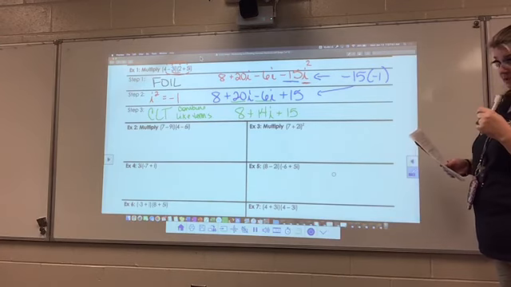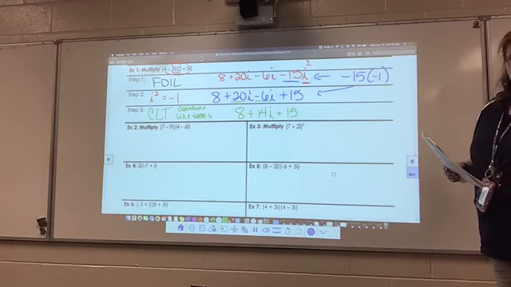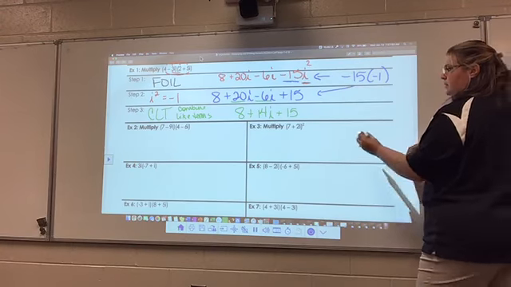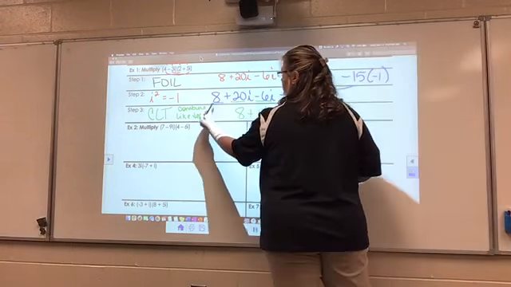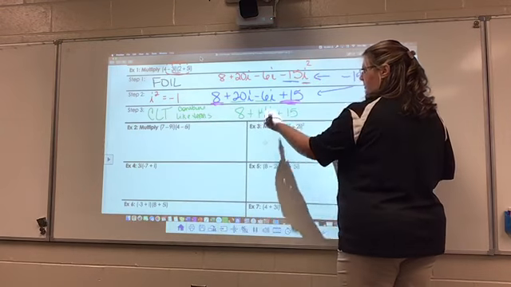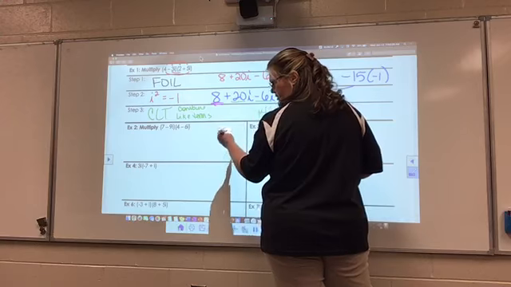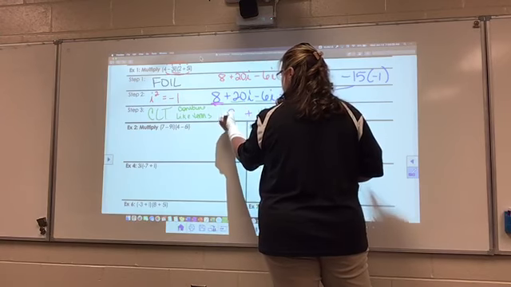Do I have any other like terms? So I grabbed my i's. Yeah, the 8 and the 15 I also can combine, right? So these are also like terms. So I'm going to go ahead and combine those. And what does that give me? 8 and 15, that's a 23? Yep. So positive 23.